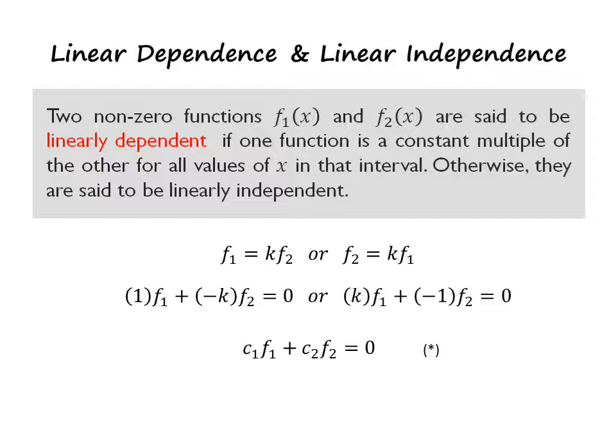We can see that the linear dependence of f1 and f2 implies that there exist two constants c1 and c2, not both zero, such that c1 times f1 plus c2 times f2 is equal to 0. Conversely, if c1 and c2 are both zero, then f1 and f2 are linearly independent. The analog of equation star is given by the next definition.